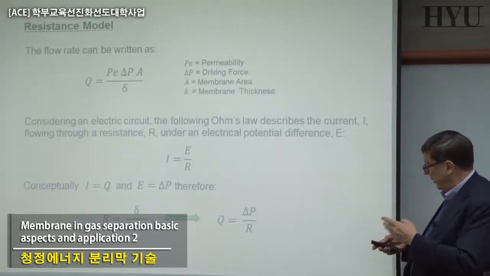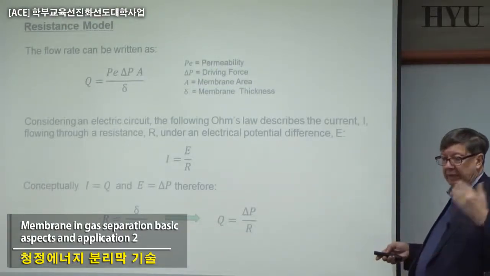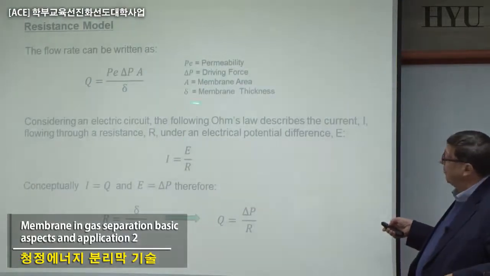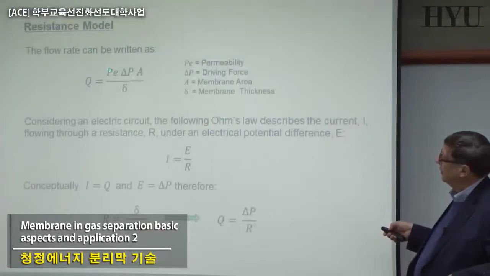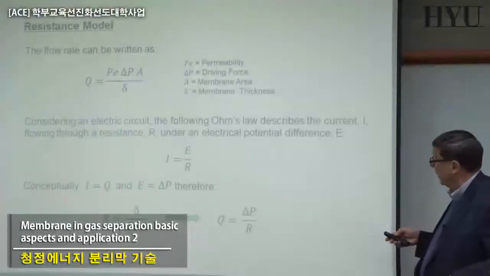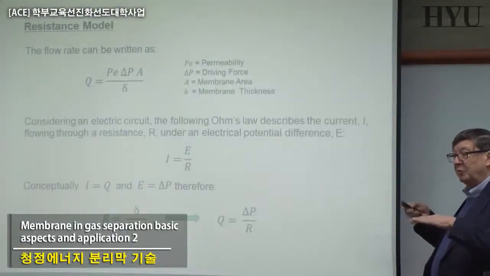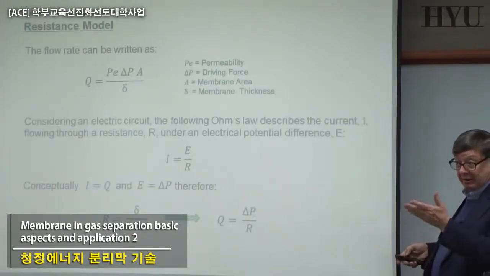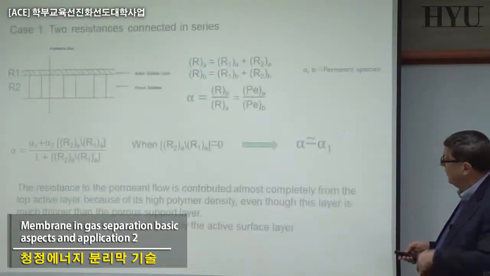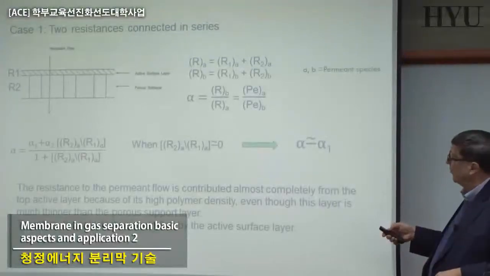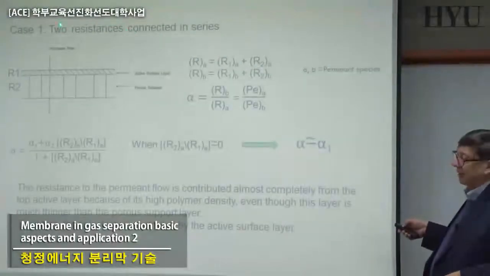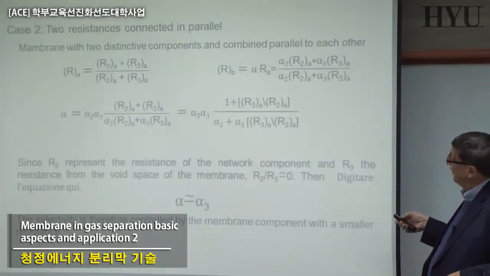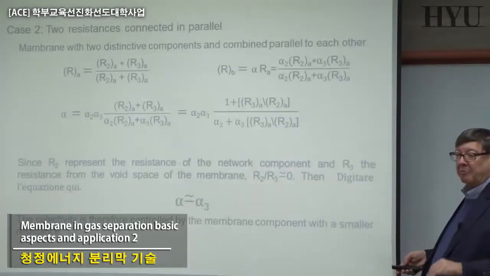And this model is very well developed and understood. You can find it in the literature, there is an equivalence, you can just apply Ohm's law, you can assume that this is a system in which you have your two different materials in series or in parallel, and if you go through it you will find this, assuming the two resistances in series or the two resistances in parallel, and you arrive at the appropriate conclusion.